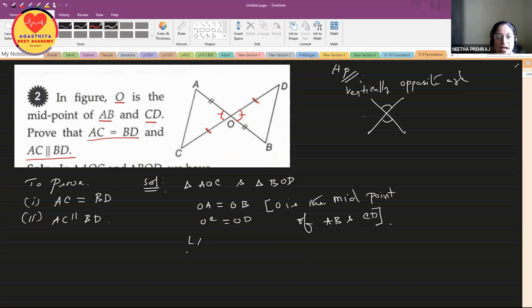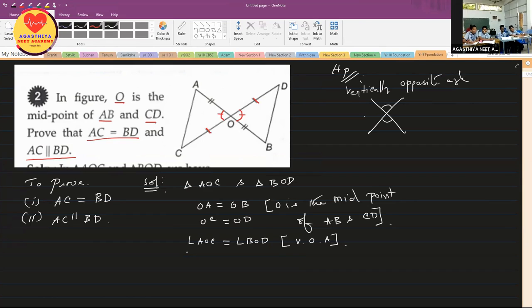Angle AOC is equal to angle BOD. Why do you have to write the reason? Because they are vertically opposite angles. Now tell me, by what criteria could you say these two triangles are congruent? Very good.